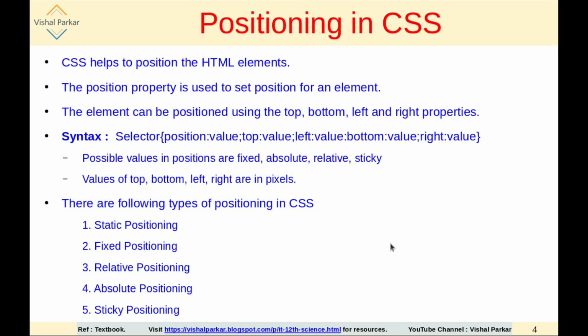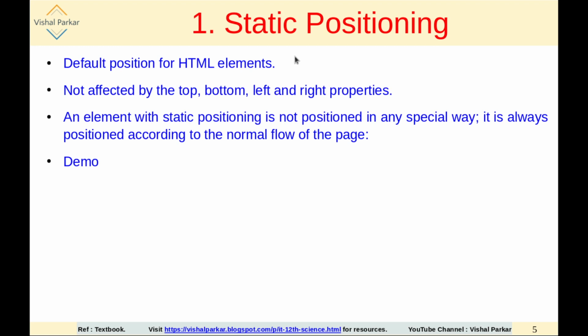So there are the following positioning types: static, fixed, relative, absolute and sticky. Coming to the first, static positioning is the default position for HTML elements, and rather it is not to be specified because it is the default, and that's why it is not affected by the top, bottom, left and right properties.